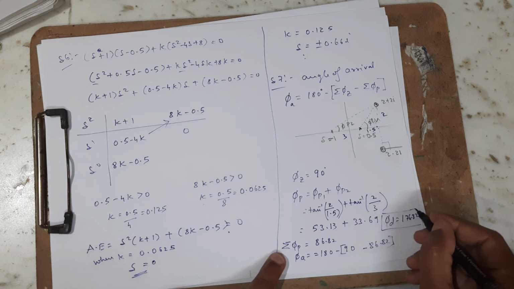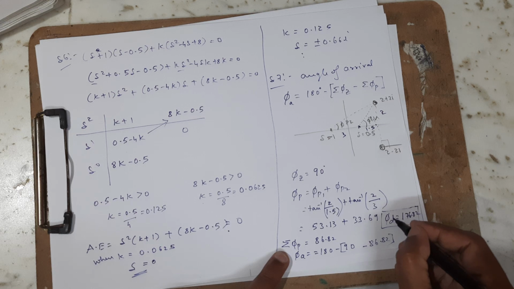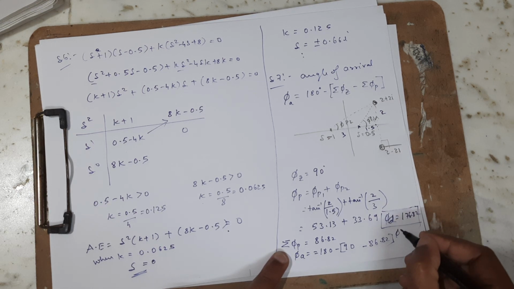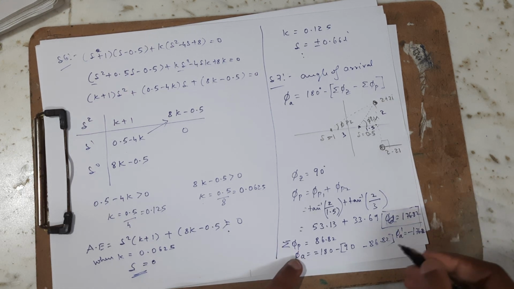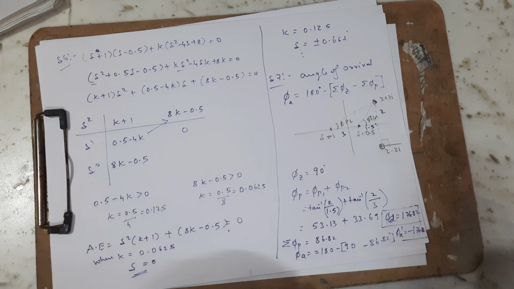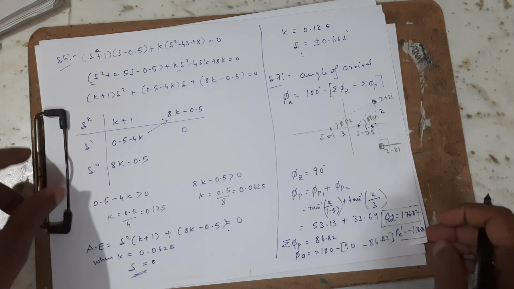So this is the angle of arrival at this point. So what will be phi a dash? That is equal to minus 176.82. So for this point, the angle of arrival will be minus 176.82 because these two are conjugates.